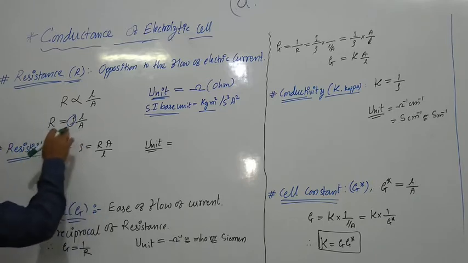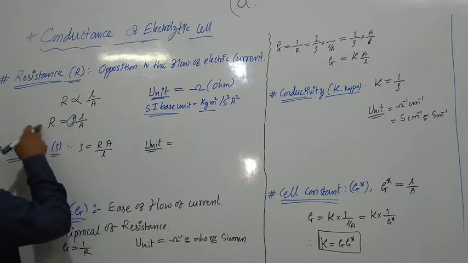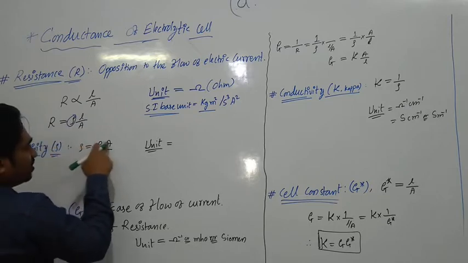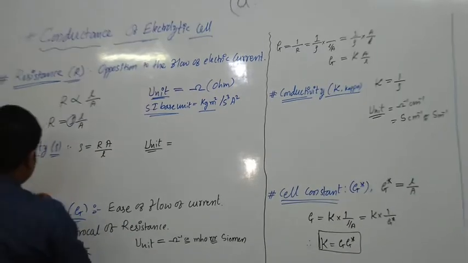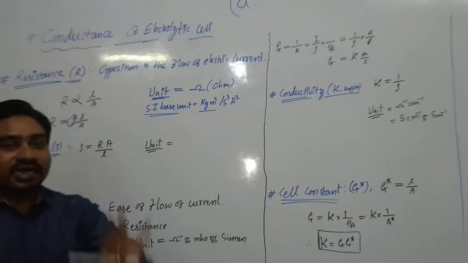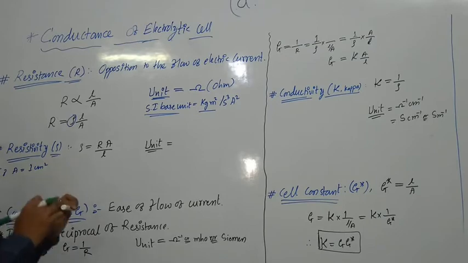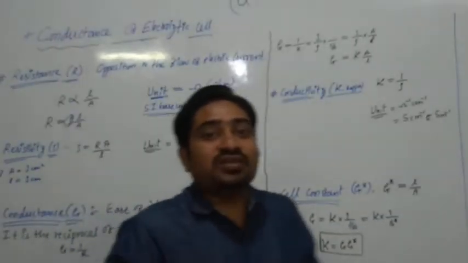I will simply rearrange this formula: A comes to this side, so resistivity is equal to resistance into area divided by L. Suppose I want to calculate the resistivity of a material. I take the cross-sectional area as 1 centimeter square and the length as 1 centimeter.